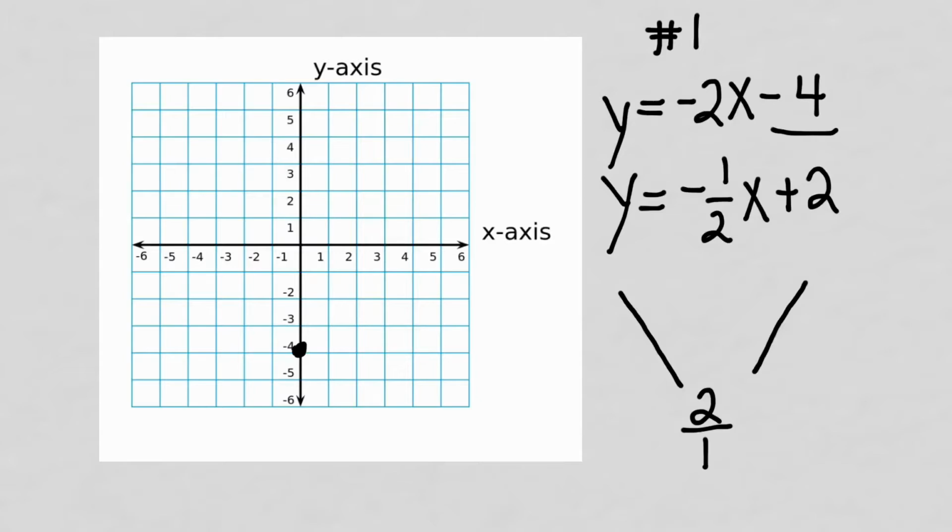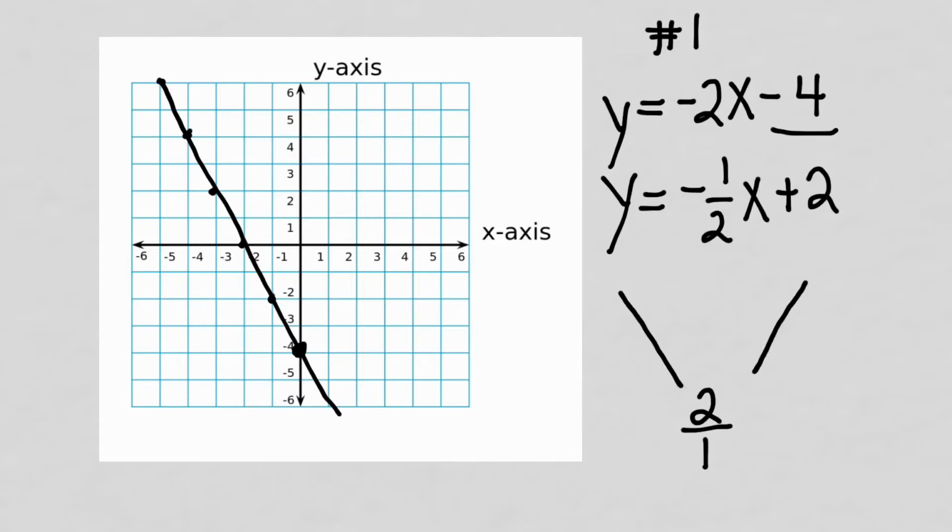So let's do this: rise of 2, run of 1, and repeat. There's my straight line. Go ahead and draw this and put it in.